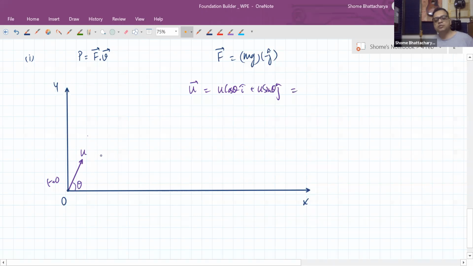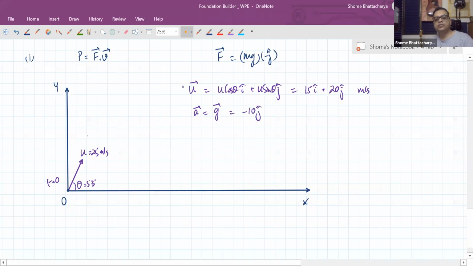Because u is 25 meters per second and theta is 53 degrees, this becomes 15 i cap plus 20 j cap. The x component is 15 and the y component is 20 respectively. Since the acceleration is minus 10 j cap.